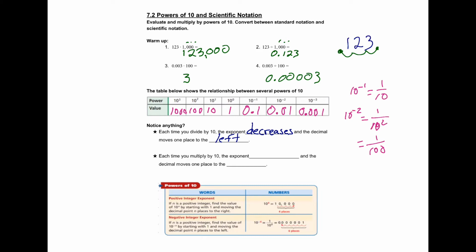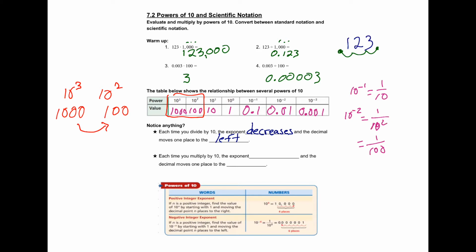All right, so do we notice anything here? We can take a look at what we've got. Each time you divide by 10, the exponent is going to decrease and the decimal moves 1 place to the left. So if I take a look at just these 2 columns, we've got our 10 cubed and our 10 squared, which is 1,000 and 100. If I go from here to here, notice that my exponent is decreasing, right?